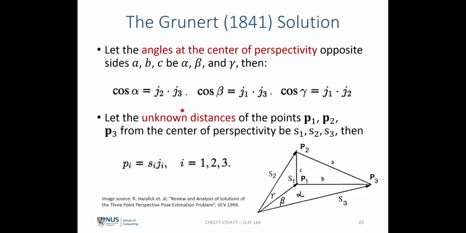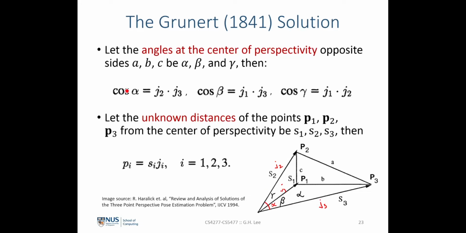Having found the unit vector that represents the direction of each light ray over here that we denote as J1, J2, as well as J3, we can move on to find the angle between any pair of light rays. For example, in this case here, we denote the angle between J2 and J3, that means it's this angle over here, as alpha.